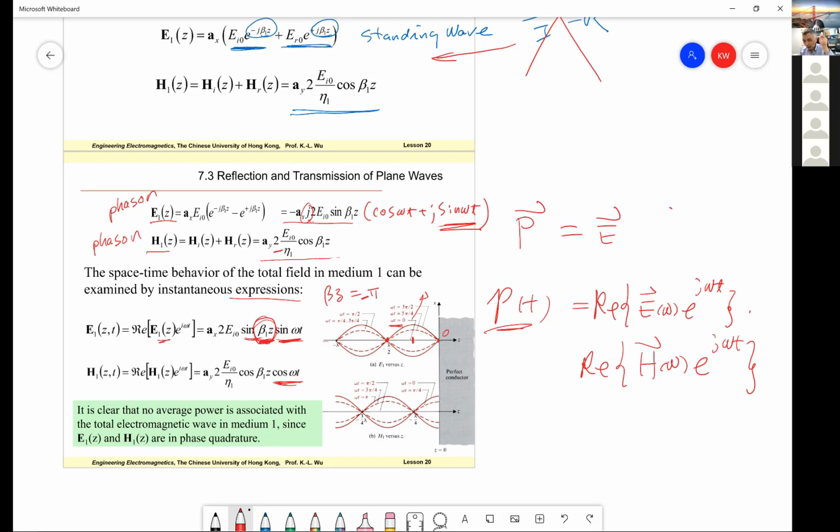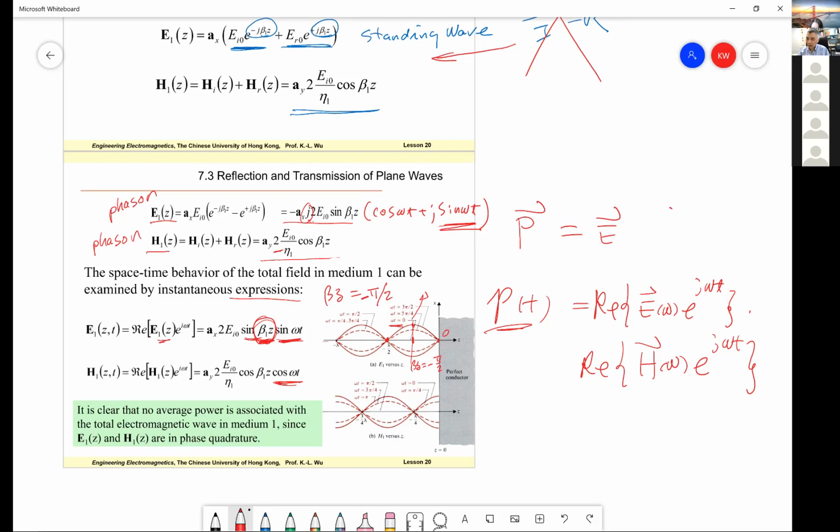If beta z equal to minus pi over 2, that means you're standing here. This is beta z equal to minus pi over 2, right? So you can experience the maximum change of the field.